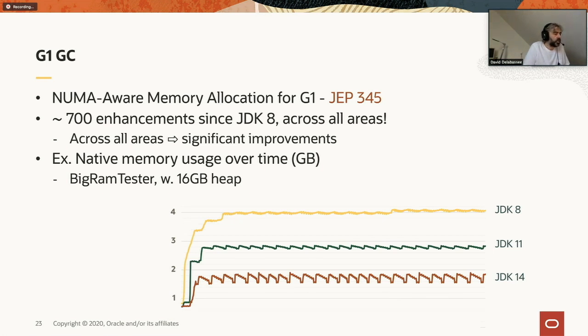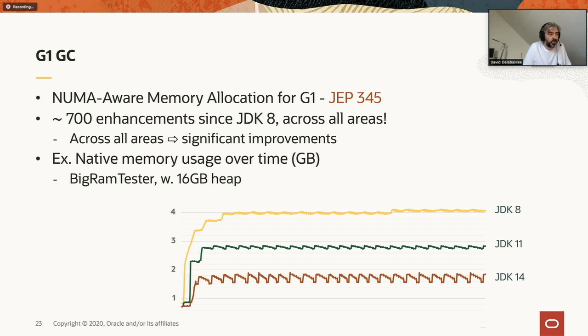And what we can see is that if we look at JDK 8, the extra native memory was around 4 gigabytes. In 11, it was below 3. Sorry, I said megabyte, it's gigabyte. So JDK 8 needs an additional 4 gigabytes for the GC to manage that large heap.